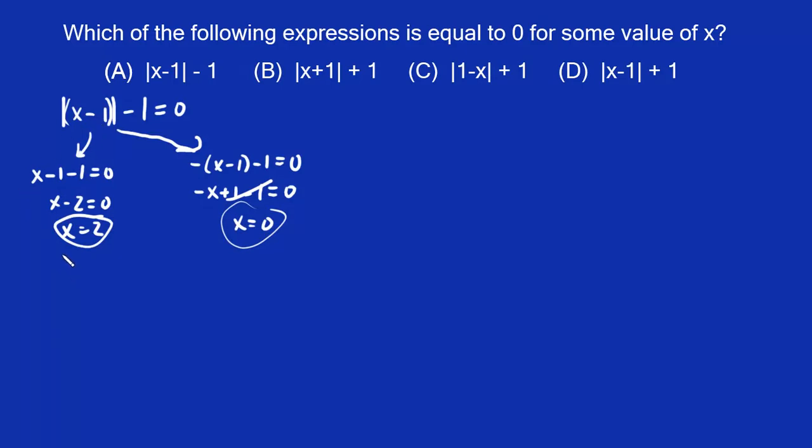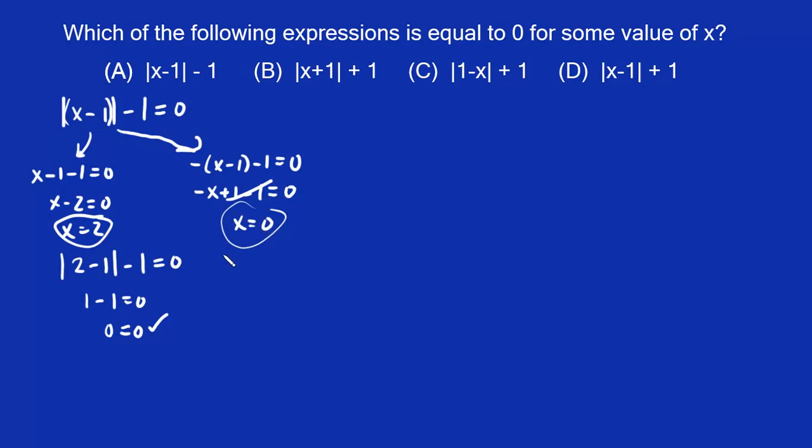Let's plug both of these possible solutions back into the original equation. We have the absolute value of x minus 1, and we substitute in the 1 to get the absolute value of 1 minus 1 equals 0. 1 minus 1 is 0, and 0 equals 0. So that works. Now we try the other possible solution, x equals 0.